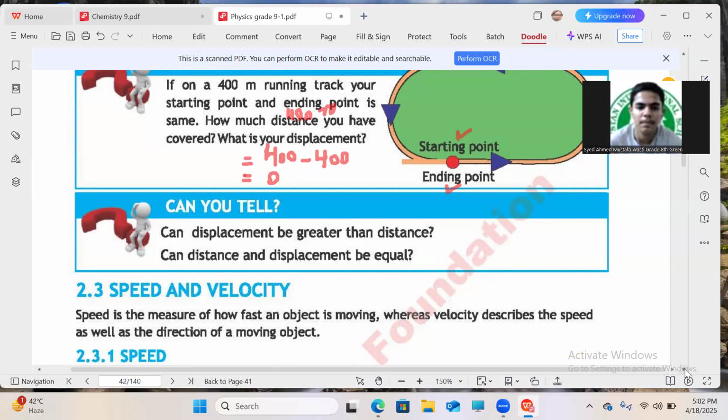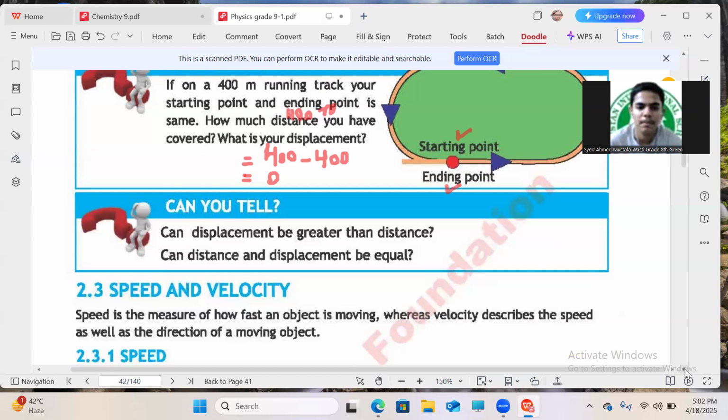You are thinking very right that displacement cannot be greater than distance, but it can be either equal to or less than the distance. Understand that? It can be equal to or less than the distance, but it cannot be greater than distance.